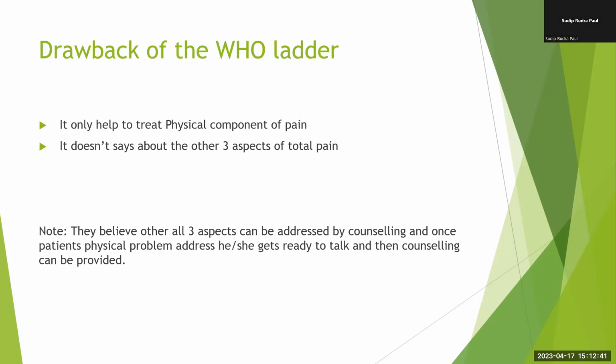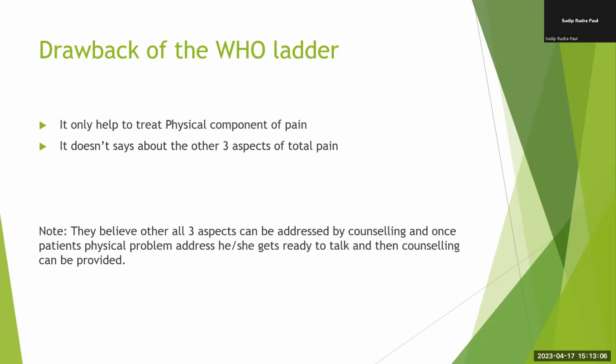Now, the drawback is that the WHO analgesic ladder consists of only medication. As we know, in palliative care there are 4 pillars of pain: physical, psychological, social, and spiritual. Altogether, it is called total pain. Whenever a patient is suffering chronically in pain, they have these 4 components of pain.